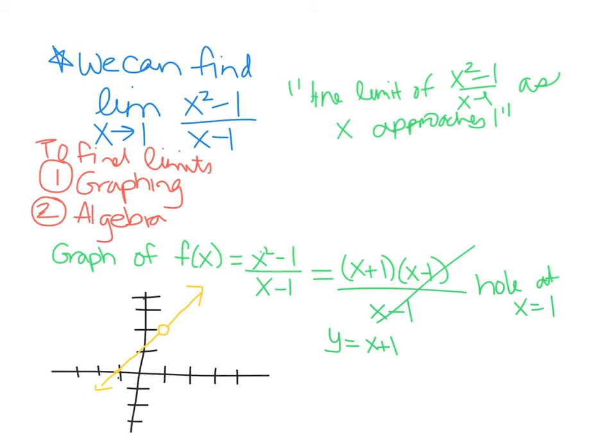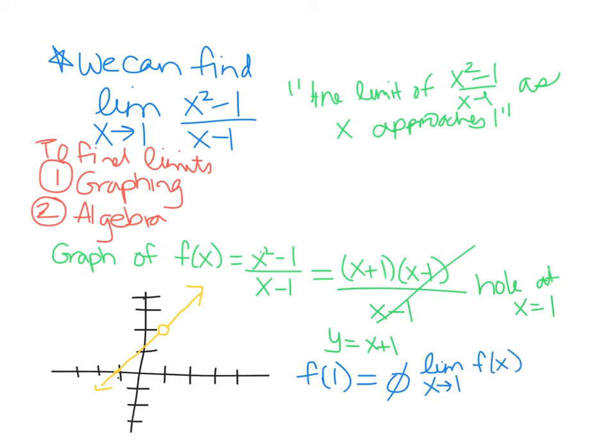If you look at this graph, you hopefully notice that if you try to evaluate f of 1, it does not exist. There is no value at f of 1. However, what we can do is evaluate the limit at 1.